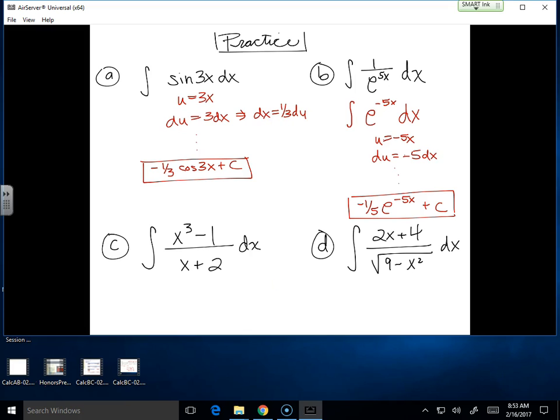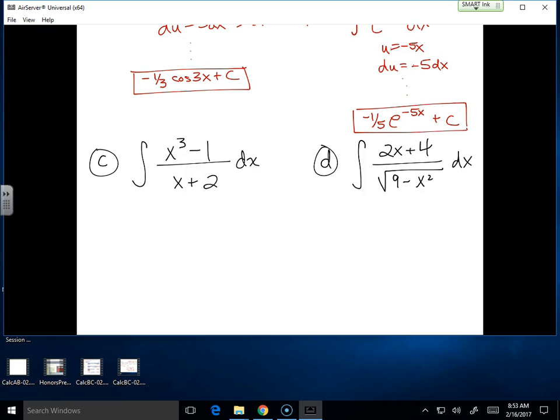Letter C and D I definitely cannot solve right now, but what we can do is at least figure out how to set it up. Letter C, hard method, except u. It's an improper fraction. If it's not an easy hard method, what can we still do if the top wins or ties?